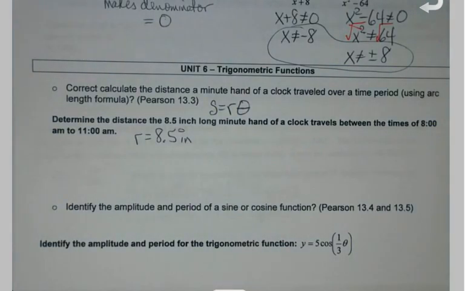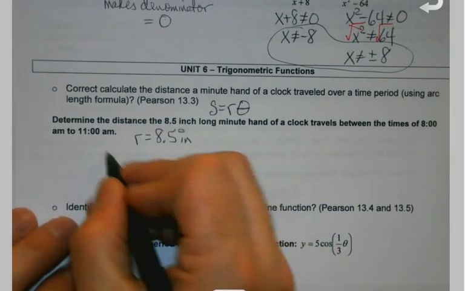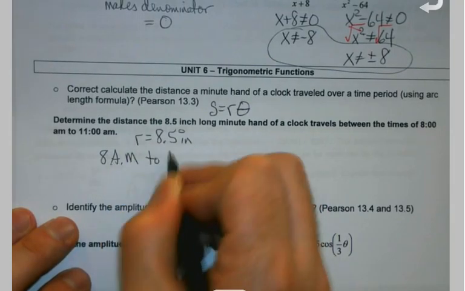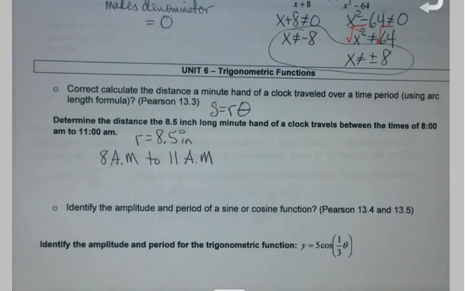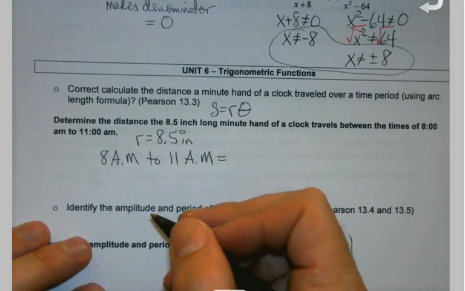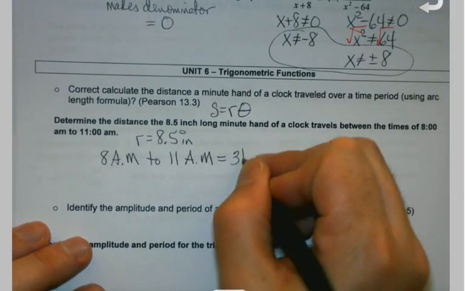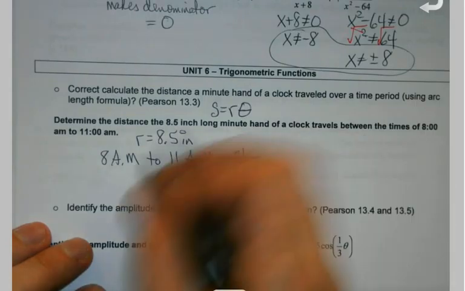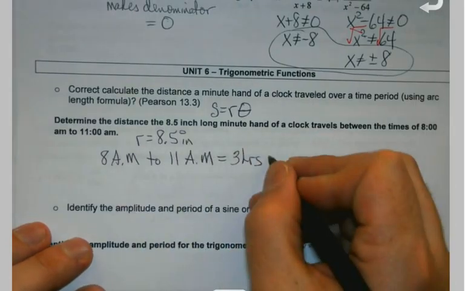Now, the degree measure, that's a little more interesting. So let's think about this. 8 a.m. to 11 a.m. How long of a time period is that? 3 hours. And every time that you have an hour when you're dealing with the minute hand, it goes all the way around.